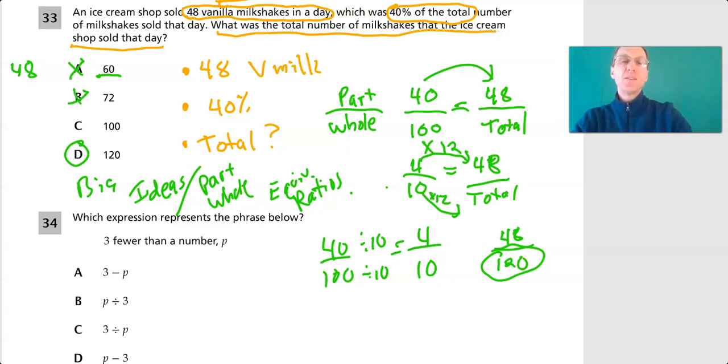You could also get rid of this one, because if they'd sold a total of 100 milkshakes, think about this. We could have done this whole thing without even showing any work. Look at this.